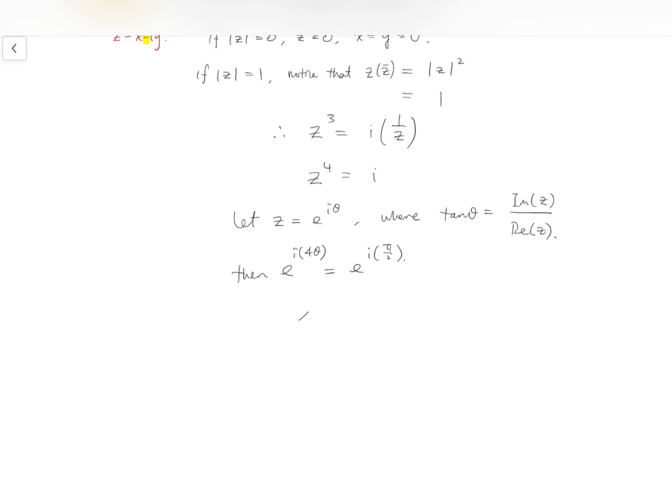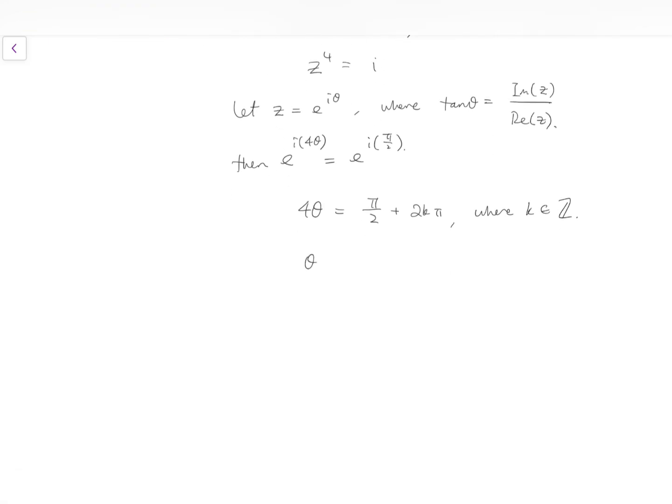And so 4 theta has to be equal to pi over 2 plus a multiple of 2 pi. Or I'll write that as 4 theta equals pi over 2 plus 2k times pi, where k is an integer. So then by solving, we have theta equals pi over 8 plus a multiple of pi over 2.